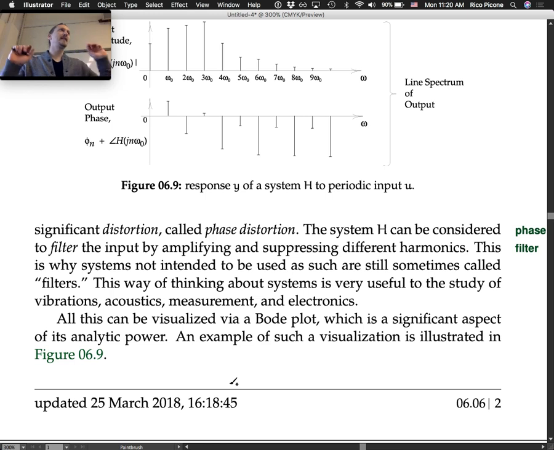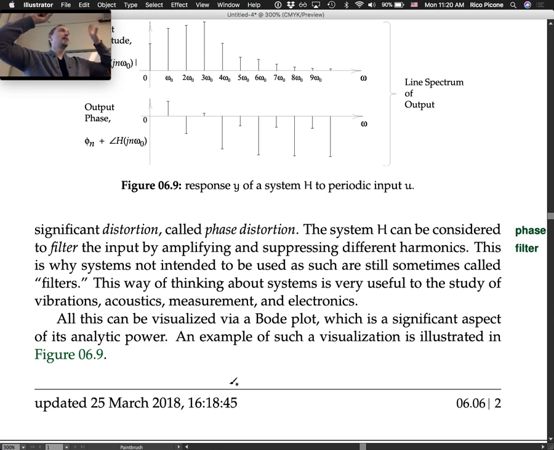So you're putting this input in with all of these different harmonics, with different amplitudes and different phases, and the system, for a given frequency, is going to amplify or decrease the amplitude of the component at that frequency, that harmonic.